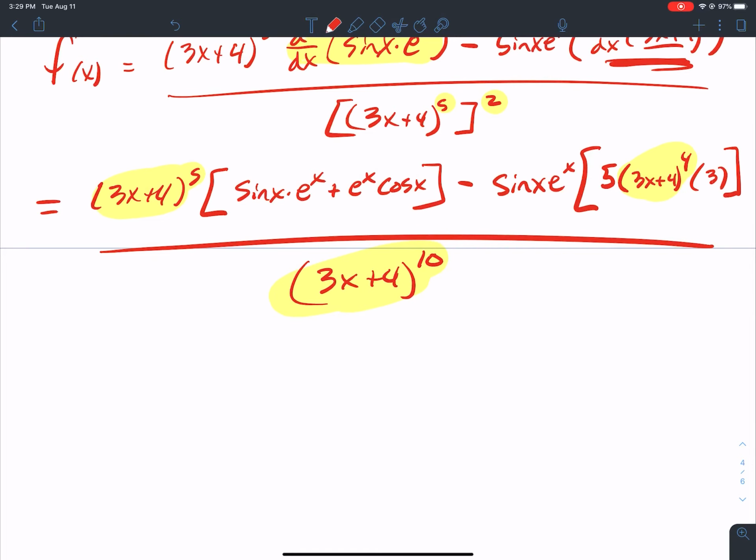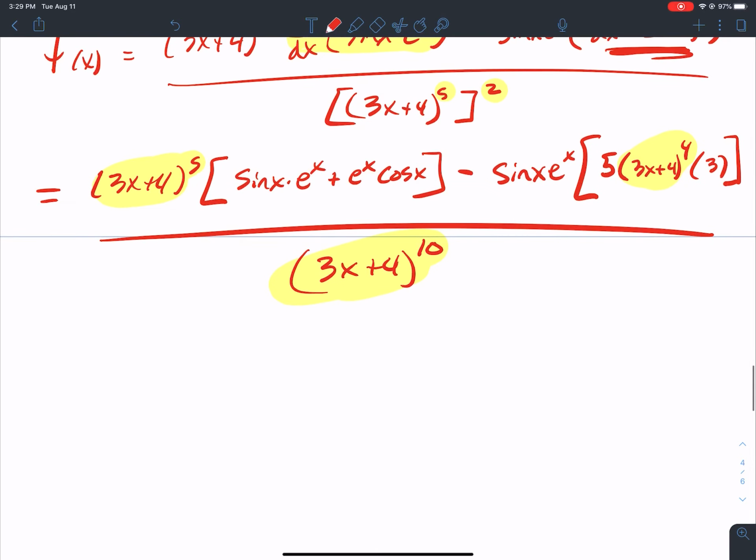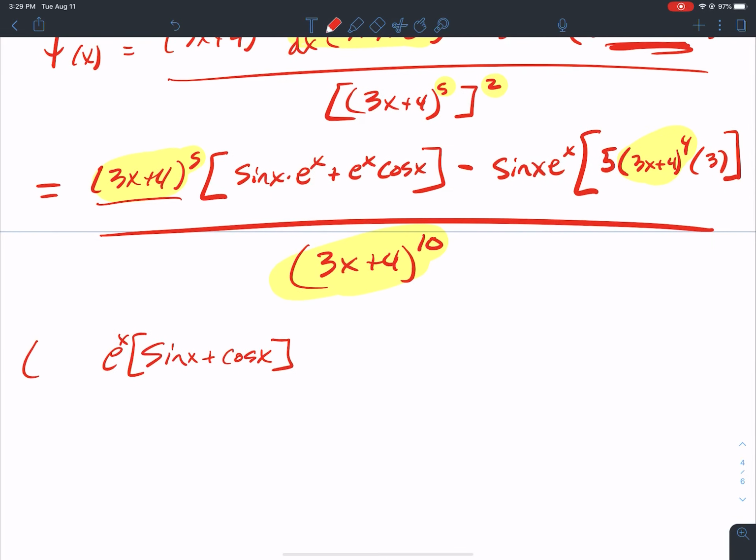So you could cancel 4 of those out of everything. And so you'd have sine x e to the x, which I guess you could factor an e to the x out of. So you have sine x plus cosine x with an e to the x factored out, and then you have one of those 3x plus 4s.